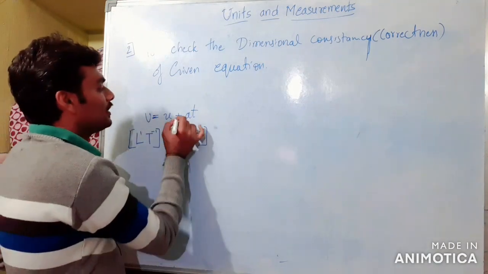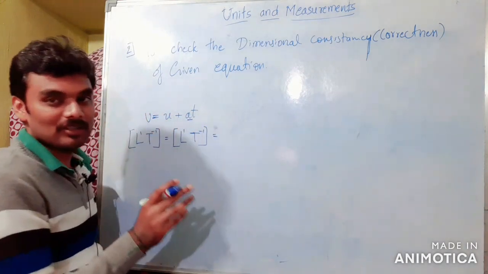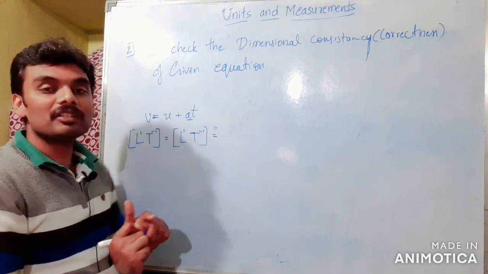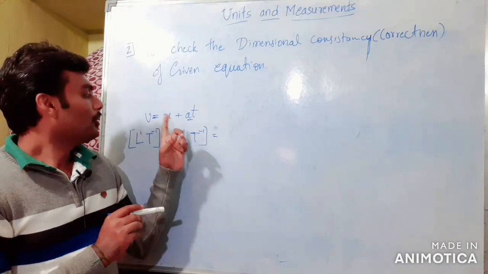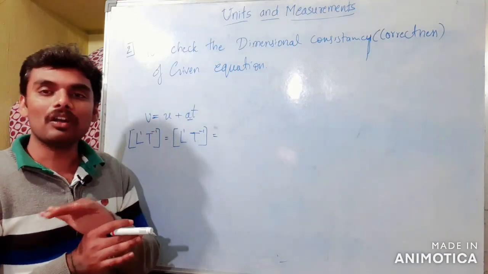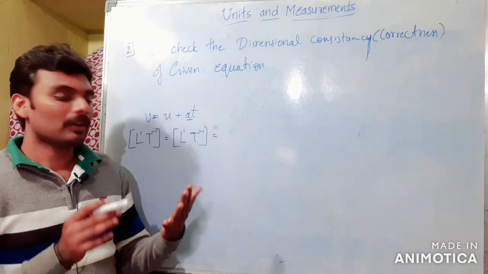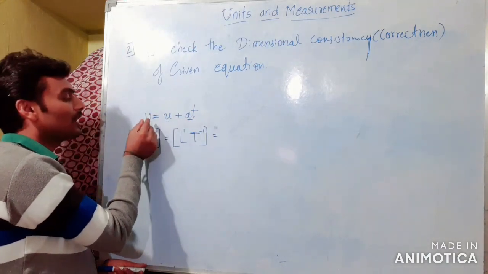And moving ahead, even this at must also have the same dimension. When it comes to dimensional analysis, one should understand that addition, subtraction and equals all mean the same. This part will have the same unit and dimension, and even this part will also have the same unit and dimension.